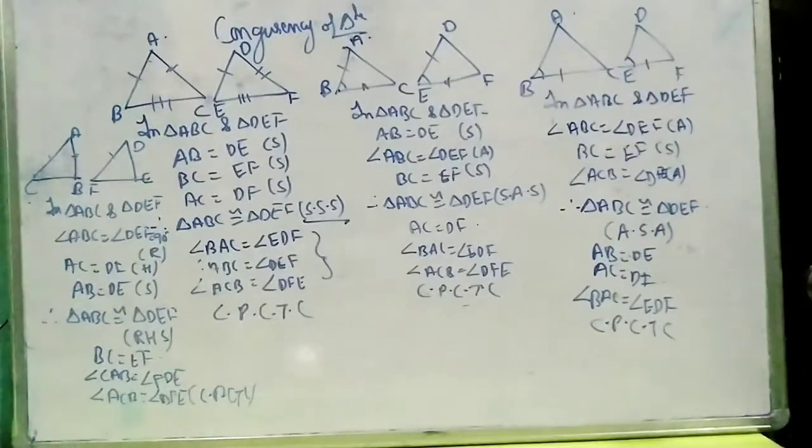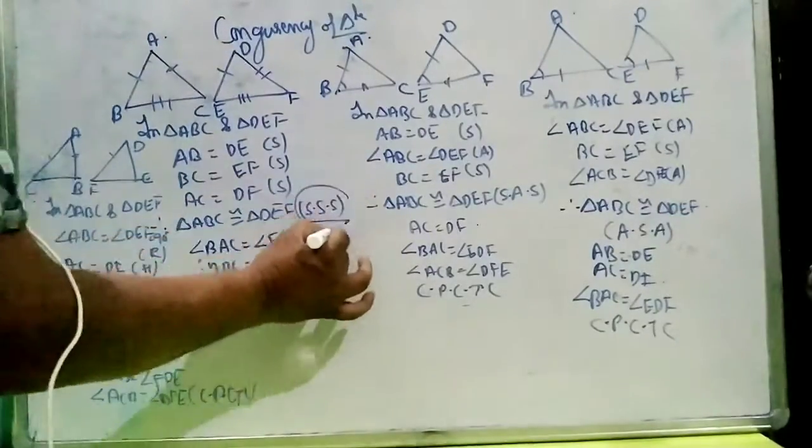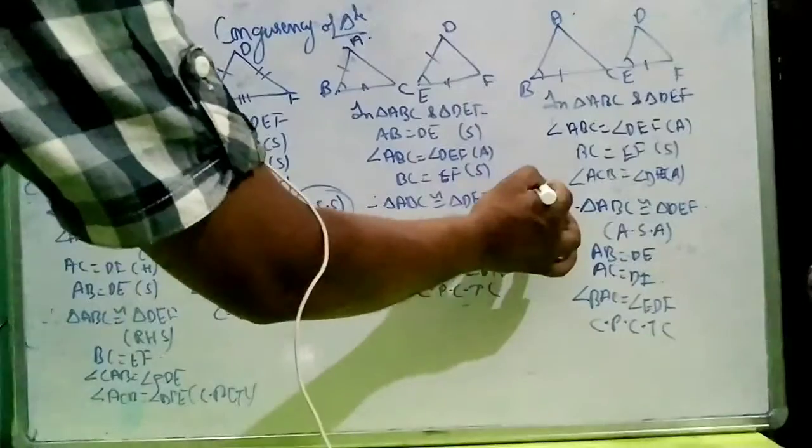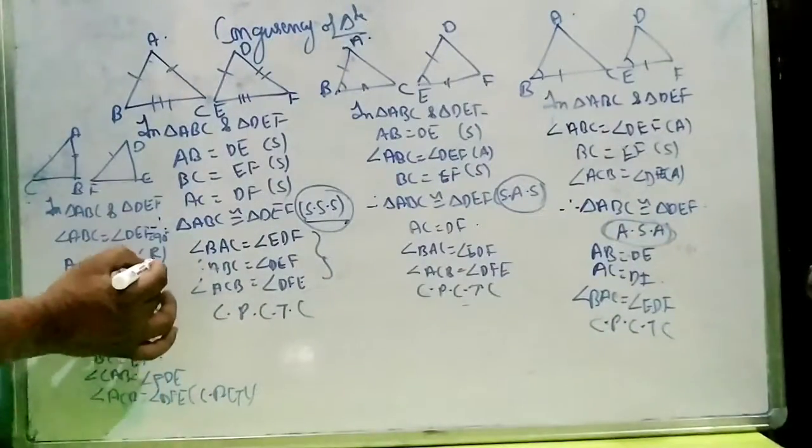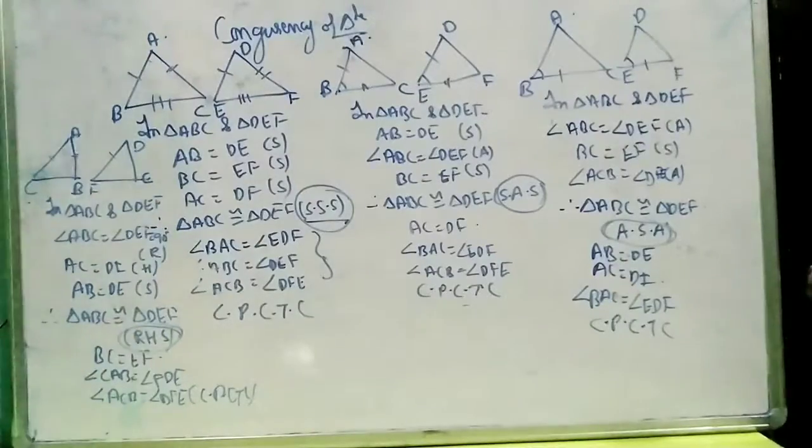So whenever you see two triangles and a comparison between them, you have to compare them by four properties: SAS, SSS, ASA, and RHS. Once you have proved congruence, then the other sides, because there are three angles and three sides.